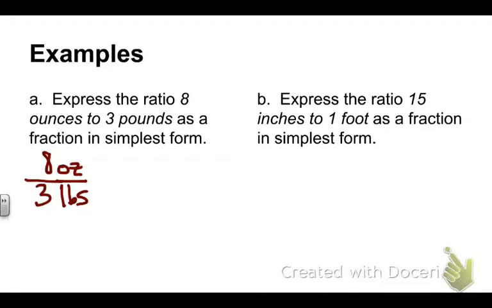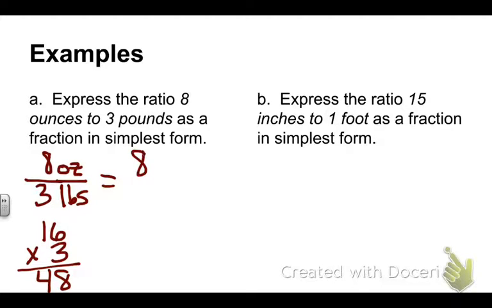So I'm going to give you a conversion chart tomorrow. I do not expect you to memorize all of this. I will give you a conversion chart. Some stuff I have to look up too. But one thing is, I know that there are 16 ounces in a pound. So 16 ounces for every pound, 16 ounces in 1 pound. So how many ounces are there in 3 pounds? That would be 48 ounces.